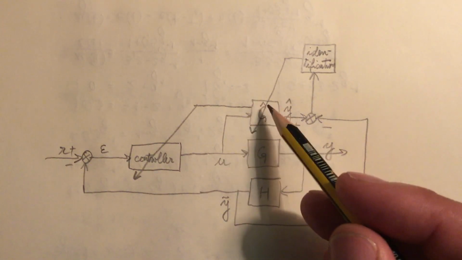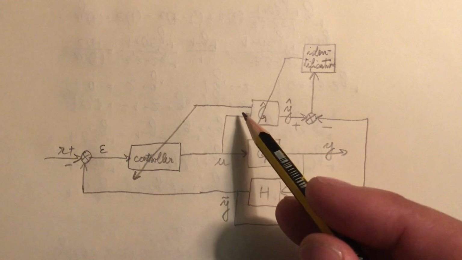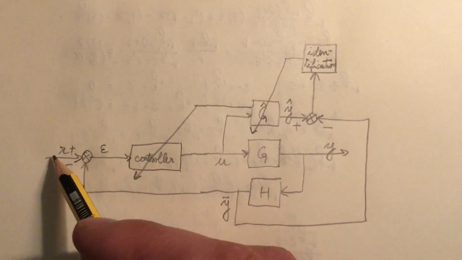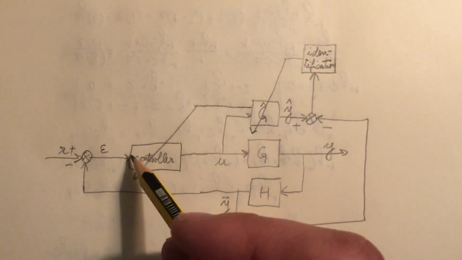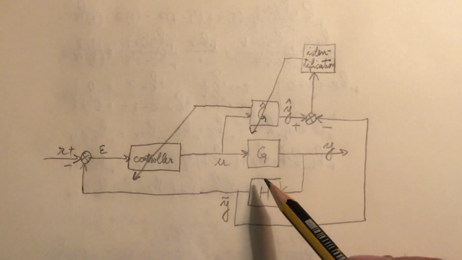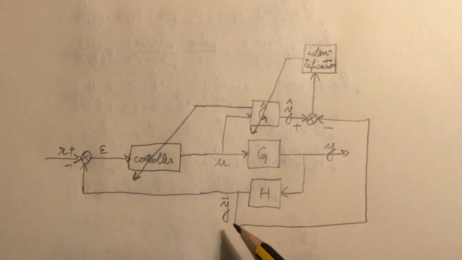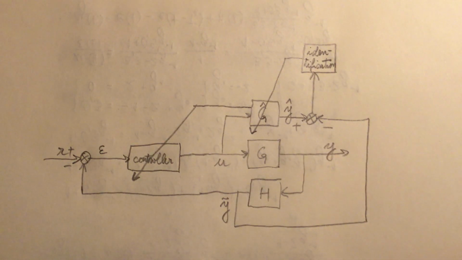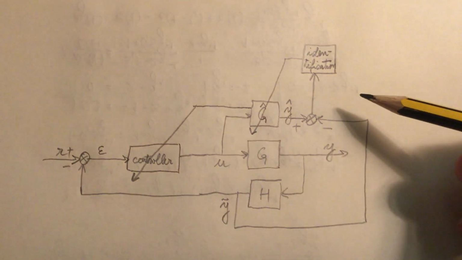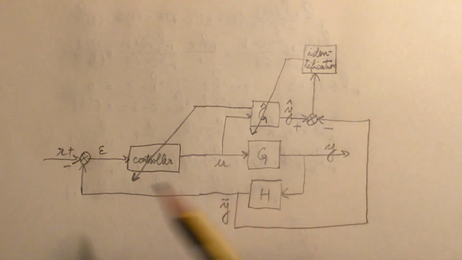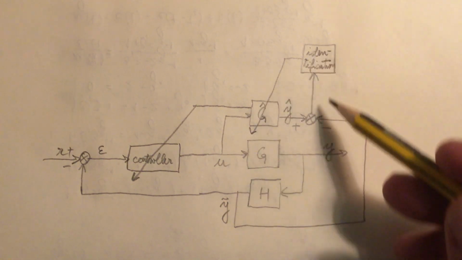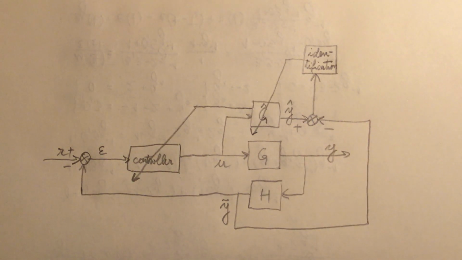This model is then used to design a controller. The controller, based upon the reference and the measured output, finds a control action, which is then applied. And in the next sampling instant, everything is done again. This is adaptive control, because the control adapts itself to the model which is being identified in real time.